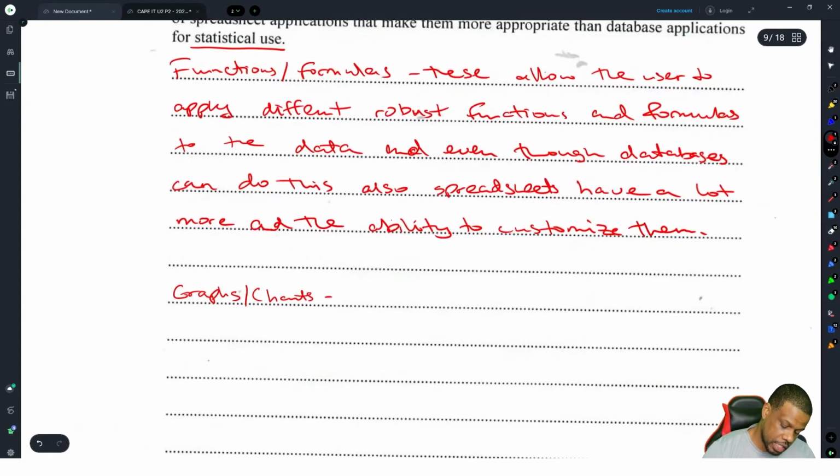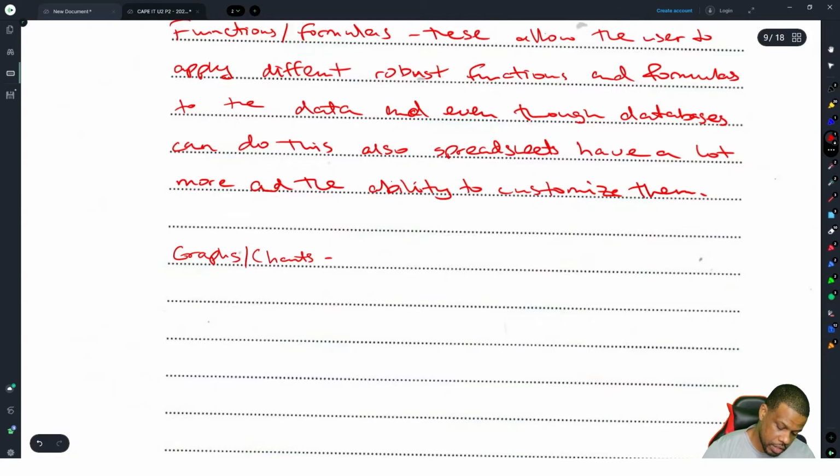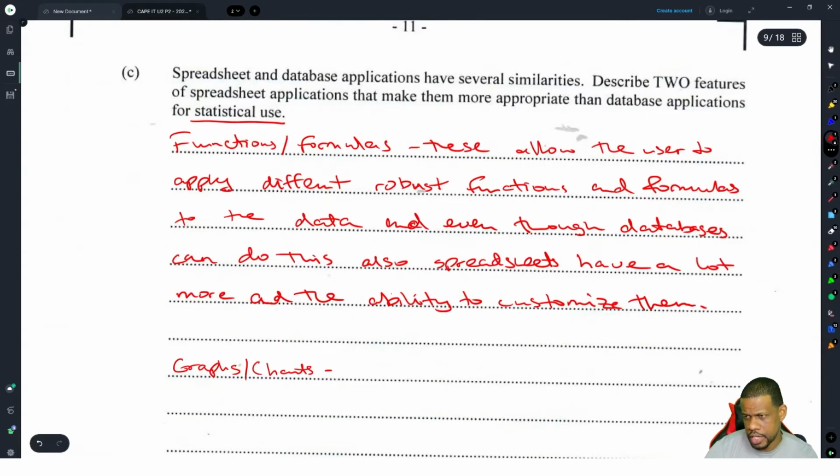Graphs and charts. What do we know about graphs and charts?